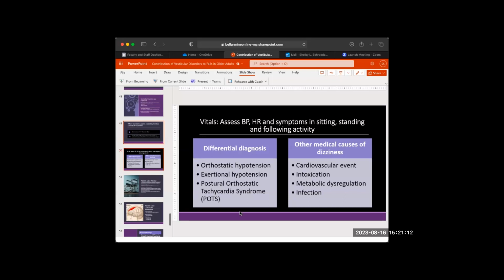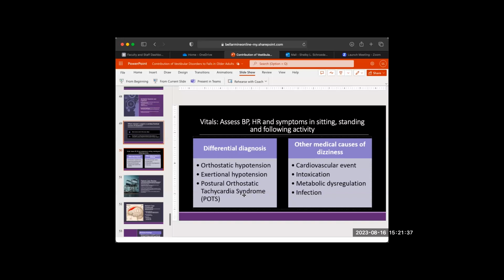So this is a big reason why we assess blood pressure, heart rate, and symptoms in sitting, standing, and after activity to rule out orthostatic hypotension, a blood pressure drop as you stand, as gravity acts and the blood pressure drops progressively. Exertional hypotension is a drop in blood pressure from walking.